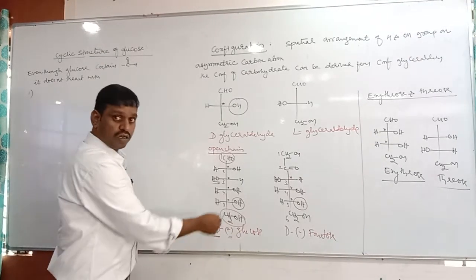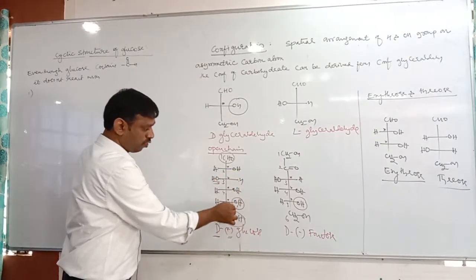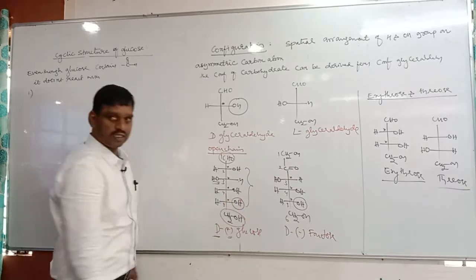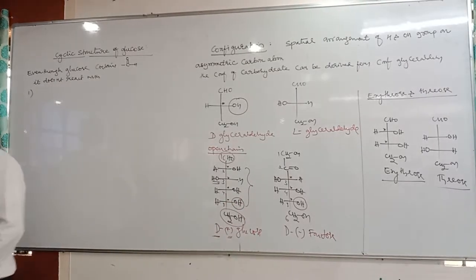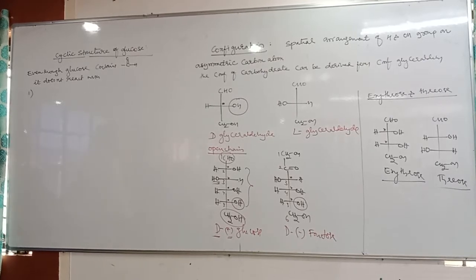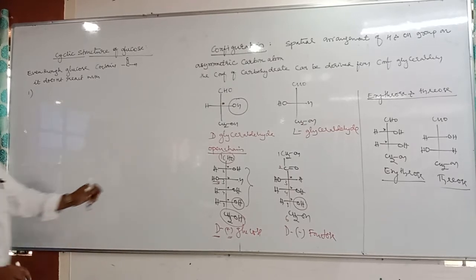How many secondary alcohols? 1, 2, 3, 4. Four secondary alcohols. So therefore it contains an aldehyde group.